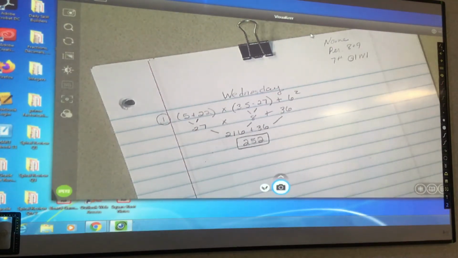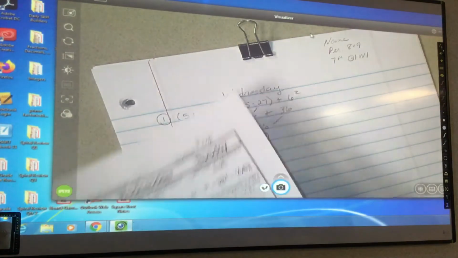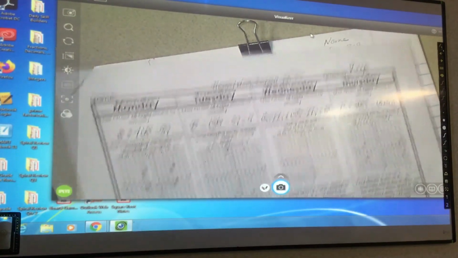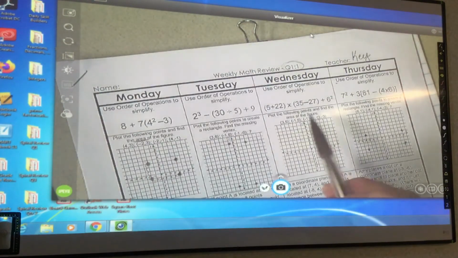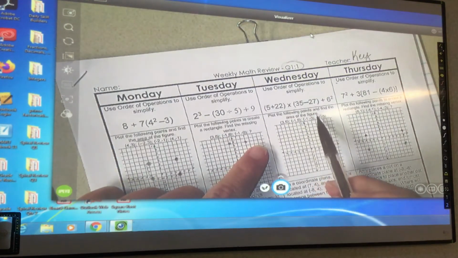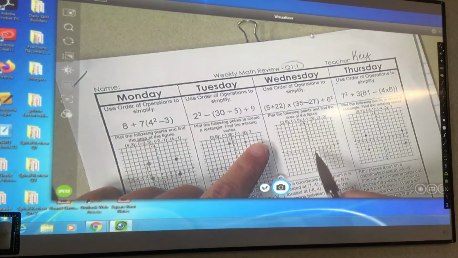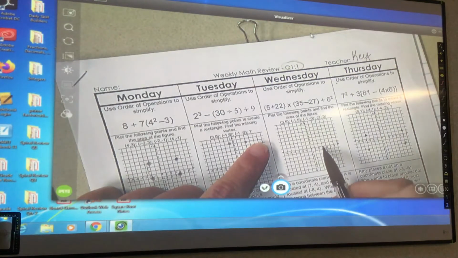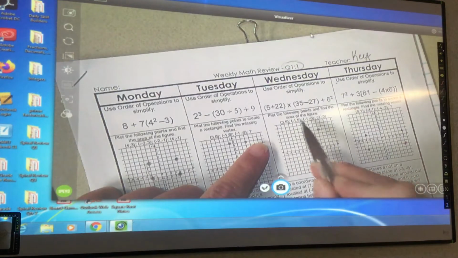Number 2, you are going to want to do it on your graph, and that is why I'm going to start just having the graph up there, because I cannot zoom in on the graph here, and it's a little bit harder to see. It says plot the following points and find the area of the figure. 3, 5. So I go over 3, up 5. Negative 1, 5.